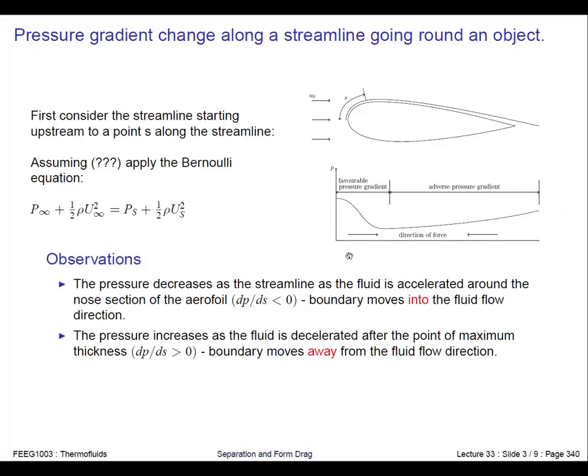If you remember from the Euler equation, the pressure gradient is a force. If you look, this is the maximum point, and when we look at the pressure gradient here and here, the gradients have different sign, and the gradient gives you the direction of the force.